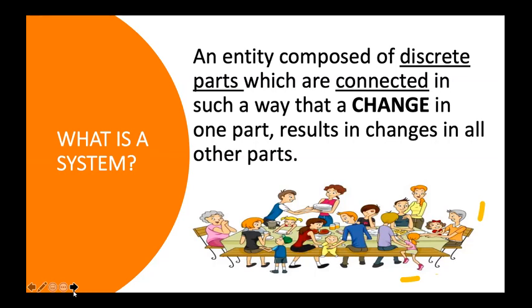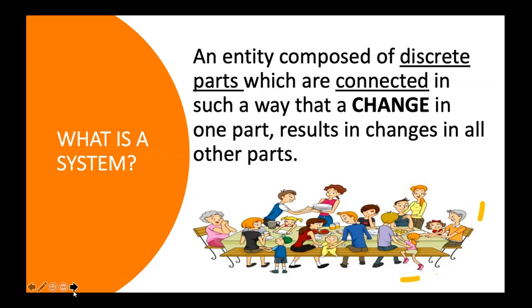So in our context, family is a system. If one among its members gets sick, then the function or the role of that member will be assumed by another member.